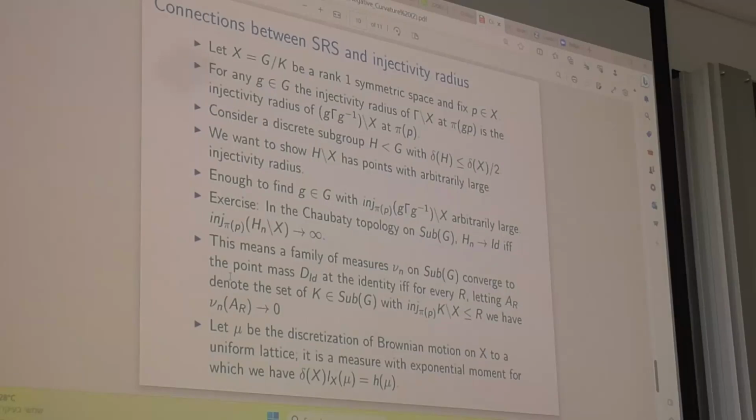This is intuitive because if you put H_n equal to the trivial subgroup, then of course it has injectivity radius infinity everywhere.